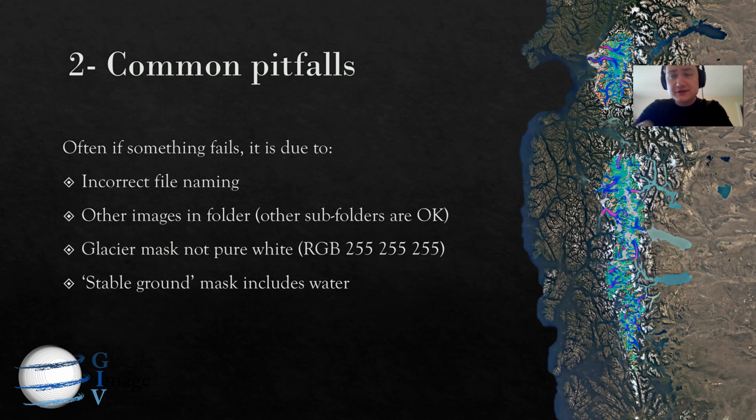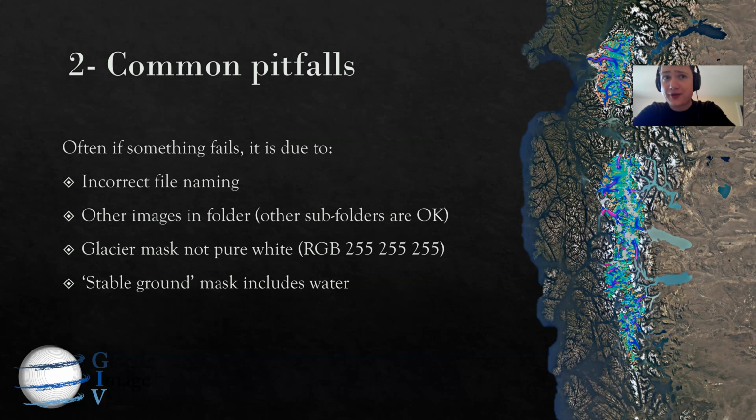But first, to just touch on when things go wrong, it's often that some of the files have been named incorrectly. If the files aren't named in the year, month, day format, they will not be read correctly, as GIV does read the temporal information from the file names. So for example, if you name it the other way around, like day, month, year, then it will be incorrectly read out and your run will fail.